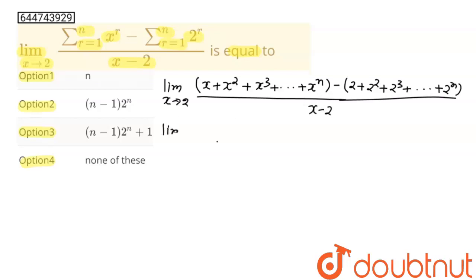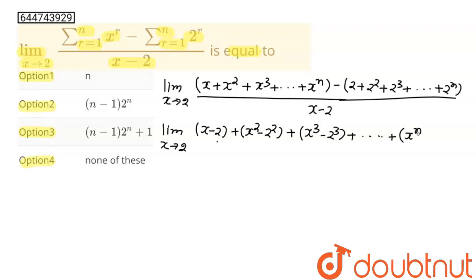Now I'm going to separate. I'm going to write some combinations in the numerator. I will write x minus 2 at one place, plus x square minus 2 square, plus next x cube minus 2 cube, plus so on, x to the power n minus 2 to the power n, and I will divide every term by x minus 2.